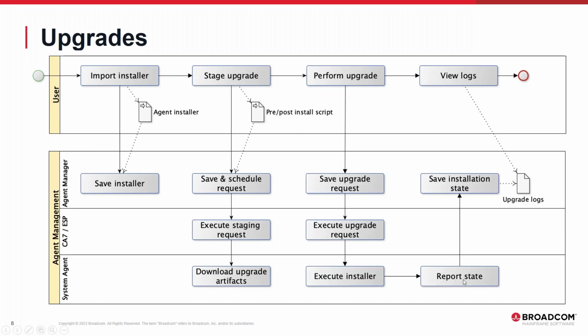Then it will report the state back to the agent manager, which will be visible in the logs that you can then also see from the UI. If something happens and the upgrade is not successful, the agent will be automatically reverted to its previously installed version.